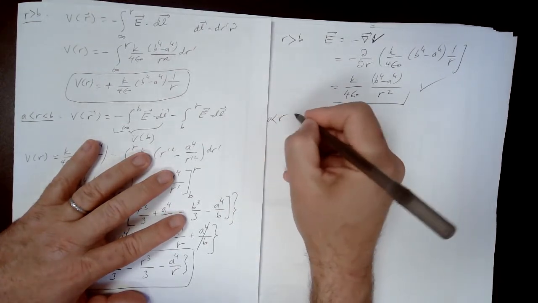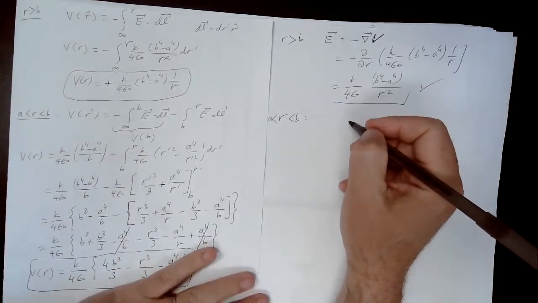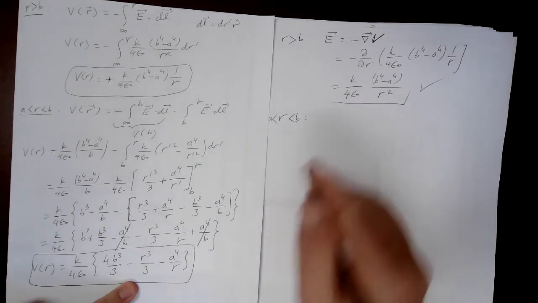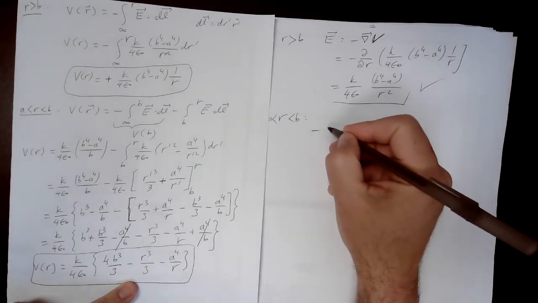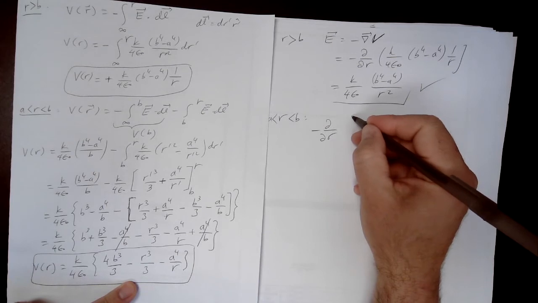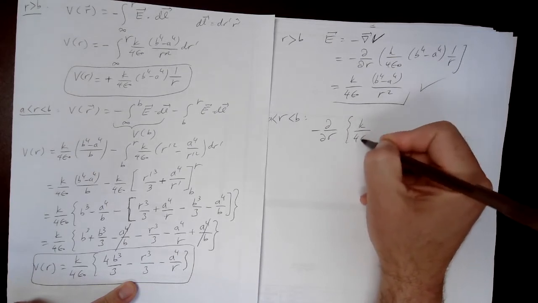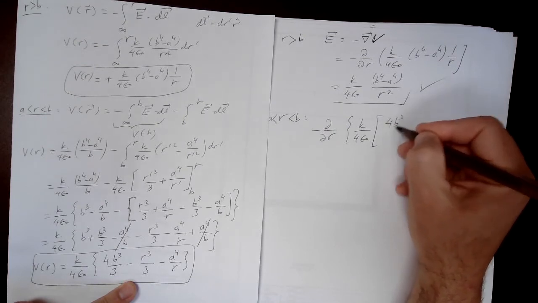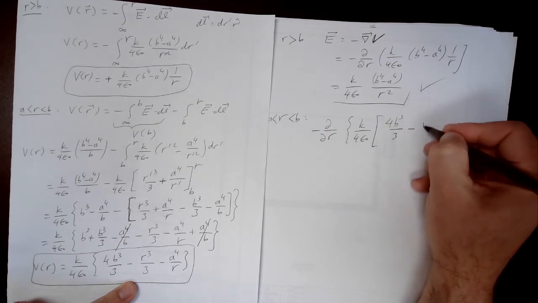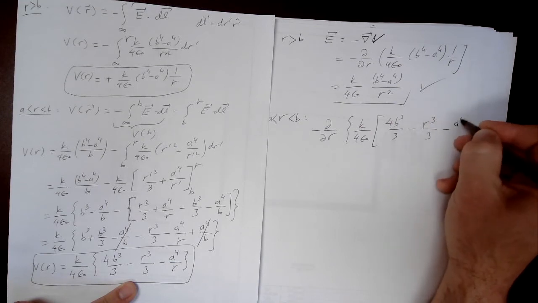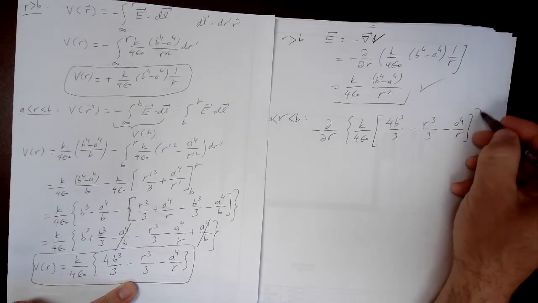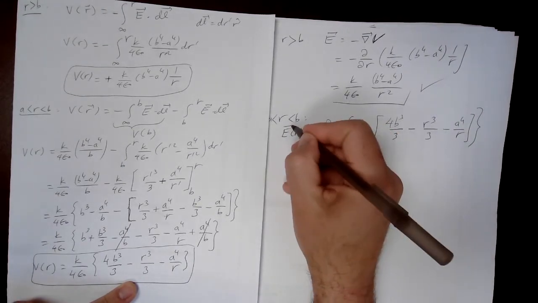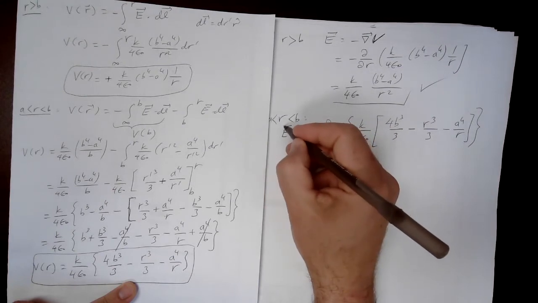For R between A and B, we have the potential here. So we're going to take the derivative of this function. So minus del R of K over 4 epsilon naught. So we have a constant for B cubed, minus R cubed over 3, and then I have A to the 4 over R. Okay, so that's my E of R in this region.